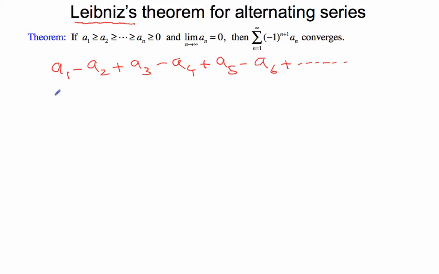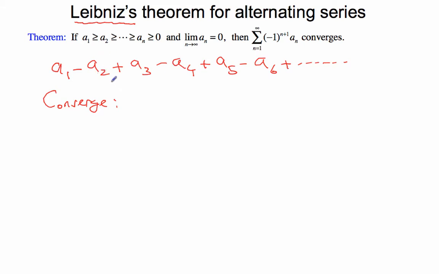This will converge if A2 is less than A1, A3 is less than A2, and if there is this sequence of A1 being greater than A2 being greater than the nth one, and of course each one of these A's is positive.